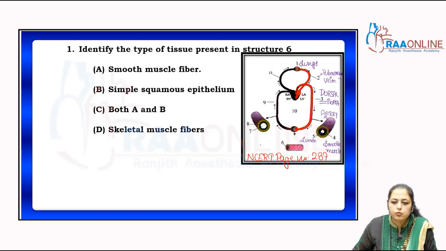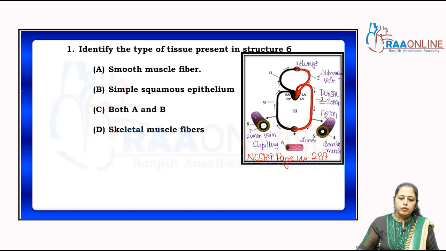Now the sixth one is the capillary. That is the structure of the vein. Again, the seventh one is the lumen. The eighth one is the smooth muscle. The ninth is the vena cava, which enters the right atrium. Clear?